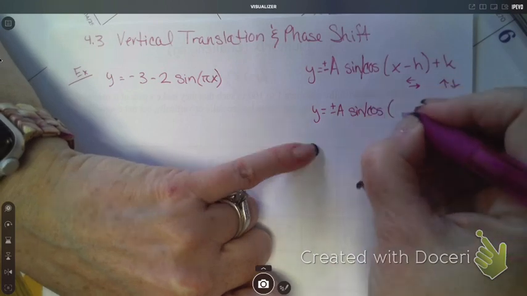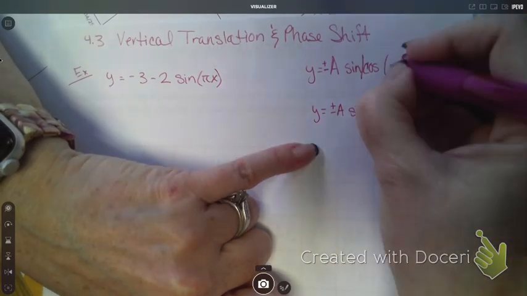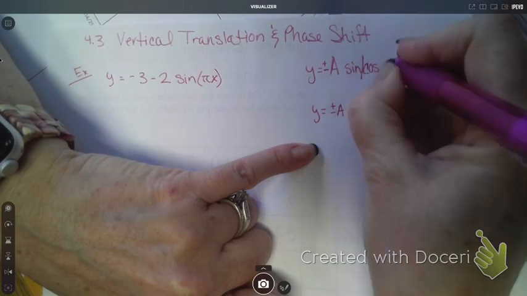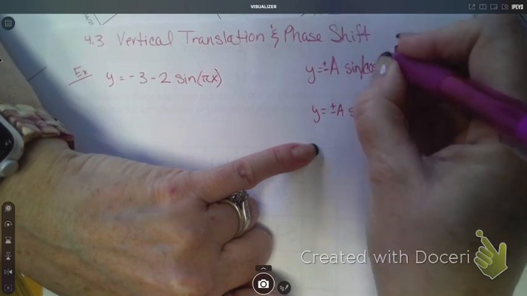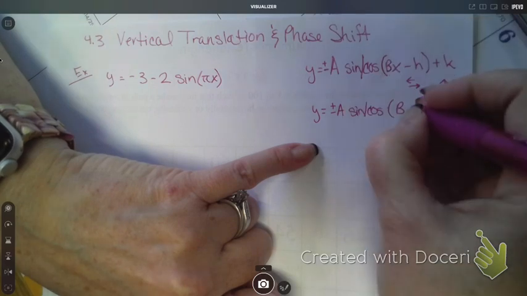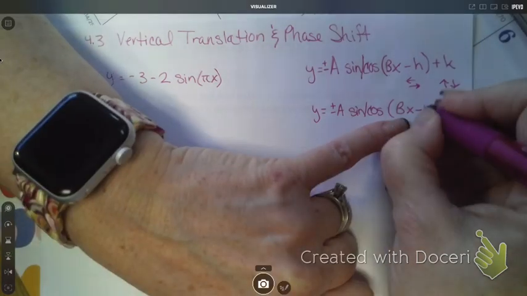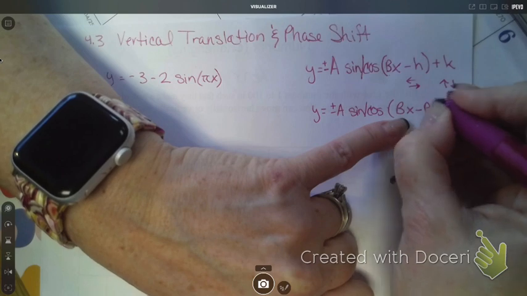And it will be b. Oh, I forgot my b in front of my x up here, didn't I? X minus h. Oh, sorry. Bx minus bh plus k.